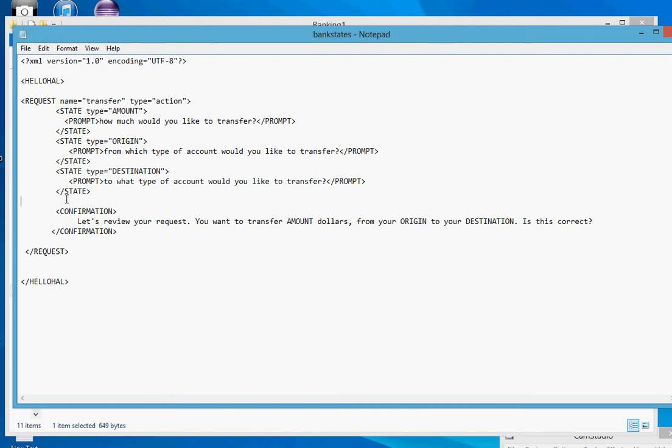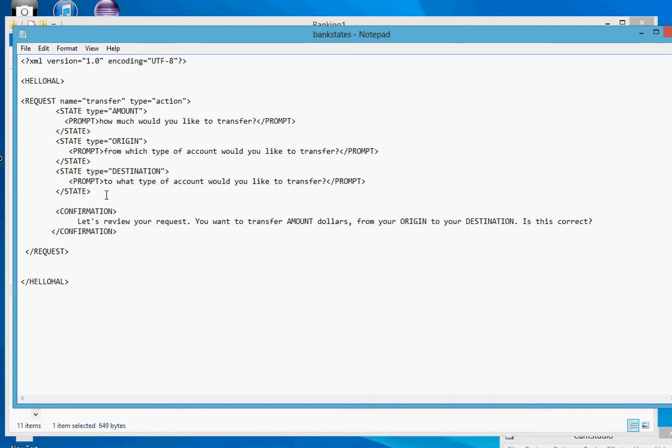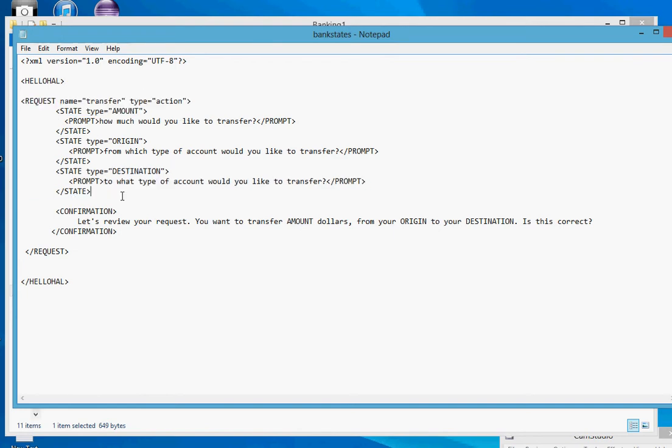Well, the request was triggered, but none of these states would be triggered because the user provided all three pieces of information. But if the user said, I want to transfer $500 from my savings account, then the request will be triggered, but then the destination state would be triggered because the user did not provide to where he or she wants to transfer the money.